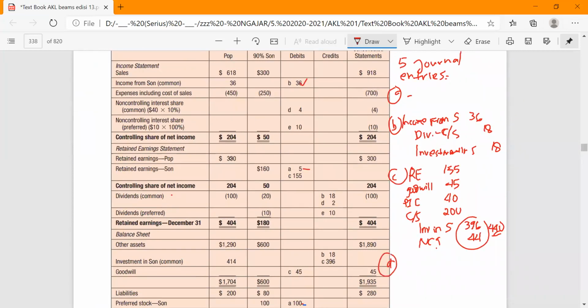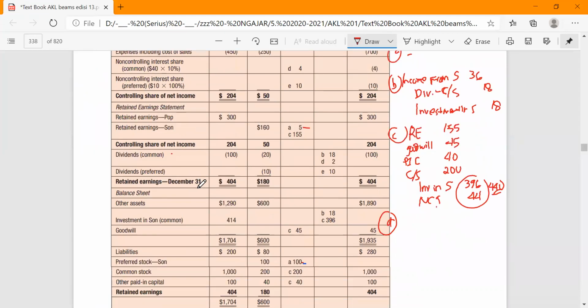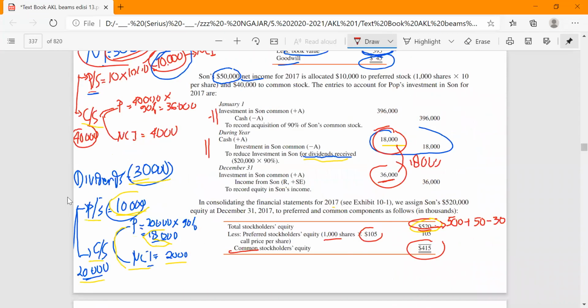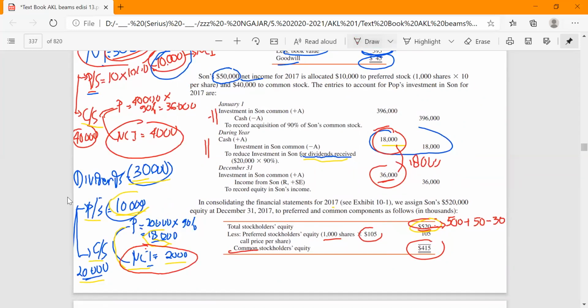Number D. The journalizing for number D is to show the NCI share, the NCI which we calculated in this part, this one and this one. Okay, I will use another color.